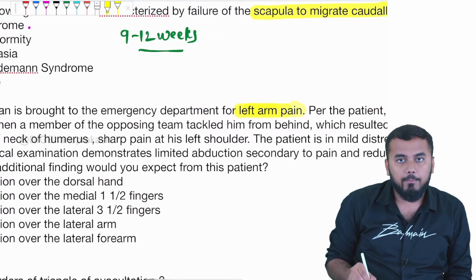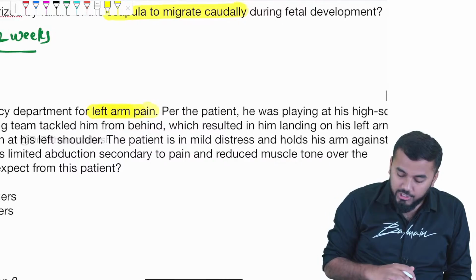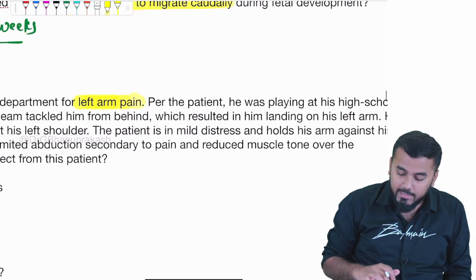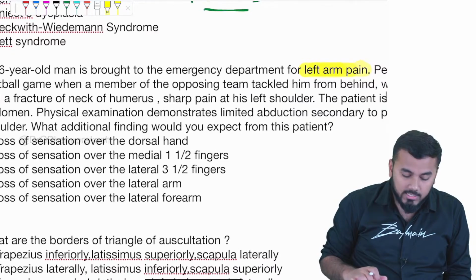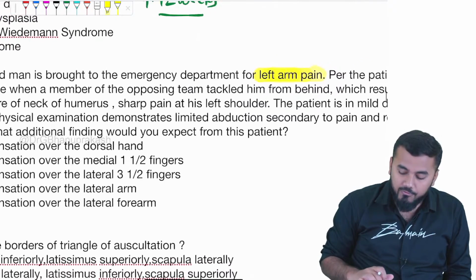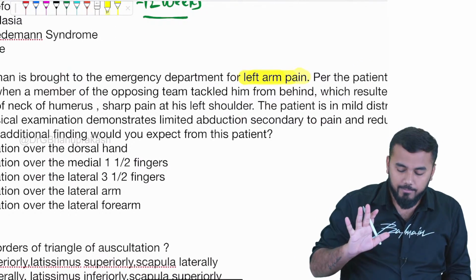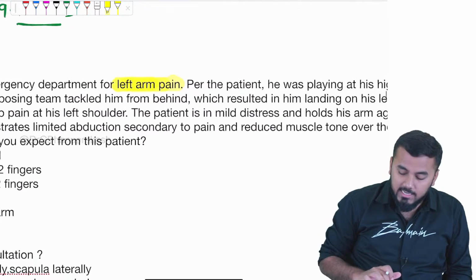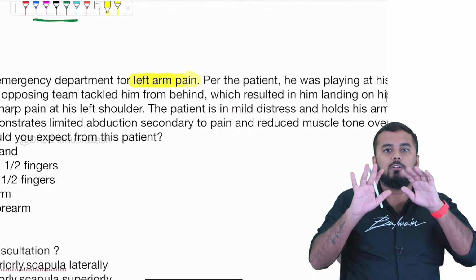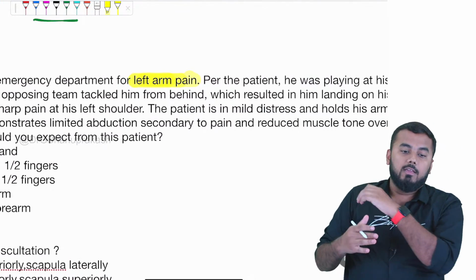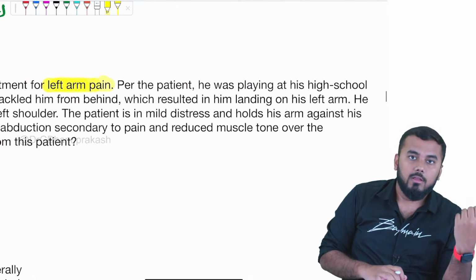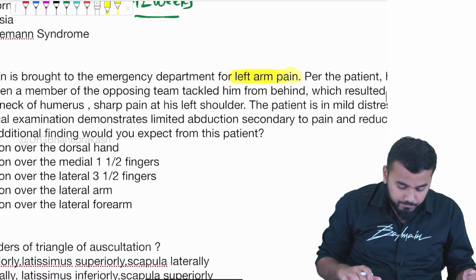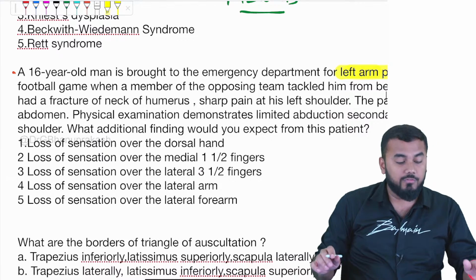He was playing at his high school football game when a member of the opposing team tackled him from behind. Someone pushed him from behind, which resulted in him landing on his left arm. So someone pushed him, so he fell down, right? He was landing on his left arm. Finally, he ended up touching his left arm to the floor. So he had a fracture of the neck of the humerus.